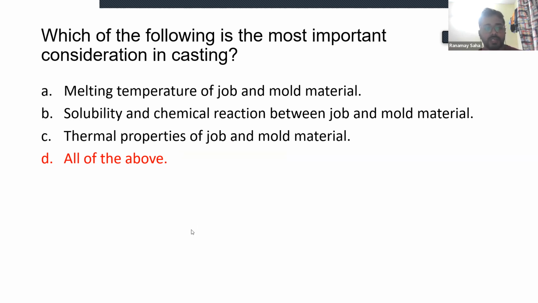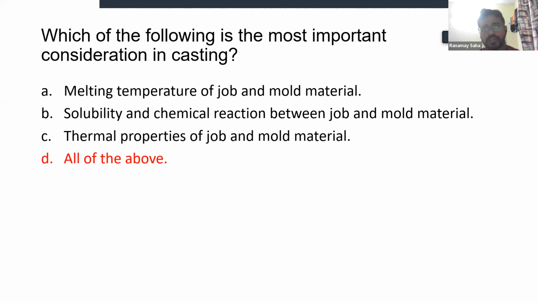Then it says solubility and chemical reaction between job and mold metal. Of course this is also important, because if there is high solubility between the mold material and the job, then you won't find the required casting in pure form at all. There will be intrusions of the molten metal into the mold wall.